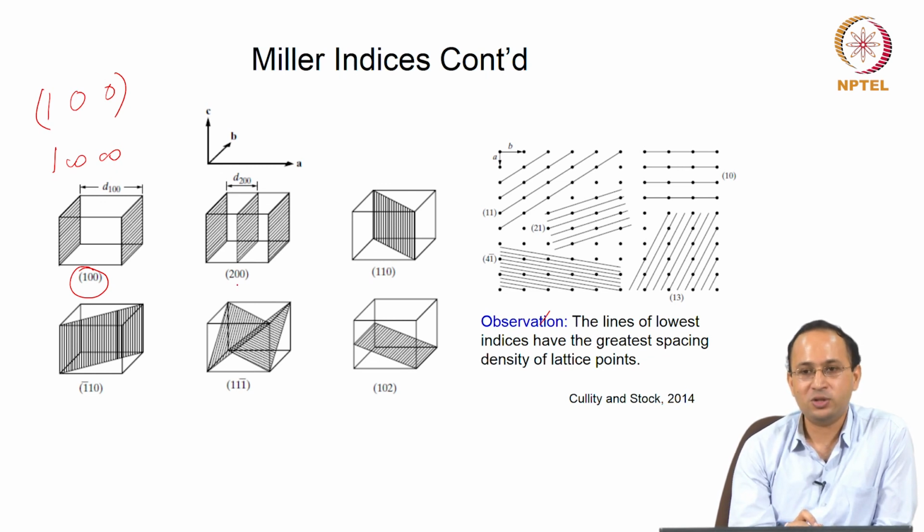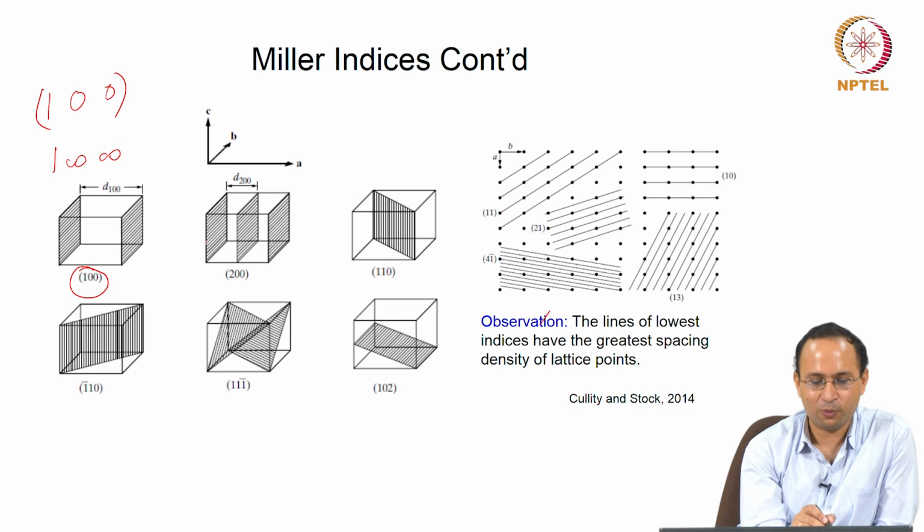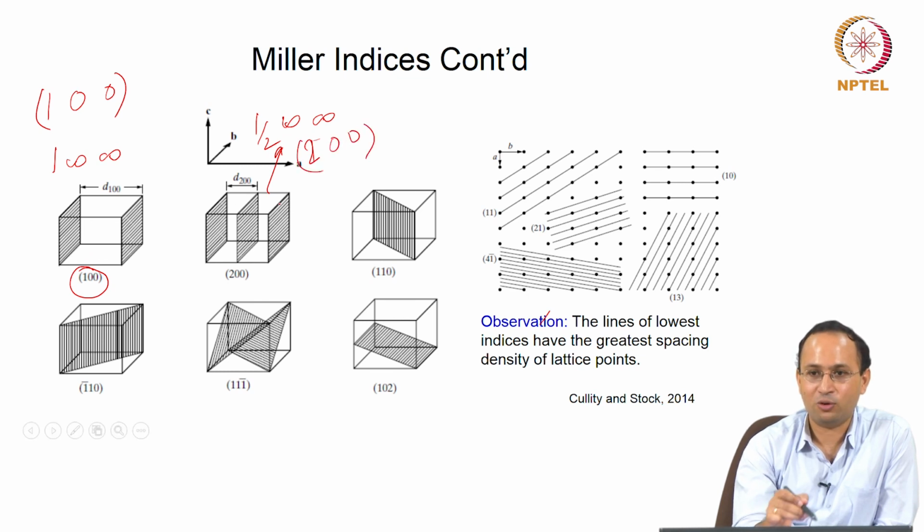Similarly now 2, 0, 0 will be somewhere between. How do you get this 2, 0, 0? Now suppose your intercept is 1 here, in this case your intercept is 1 by 2. And again, intercept with B is infinity, intercept with C is infinity. Now you reciprocate it, you become 2, 0, 0. That is how you get this.